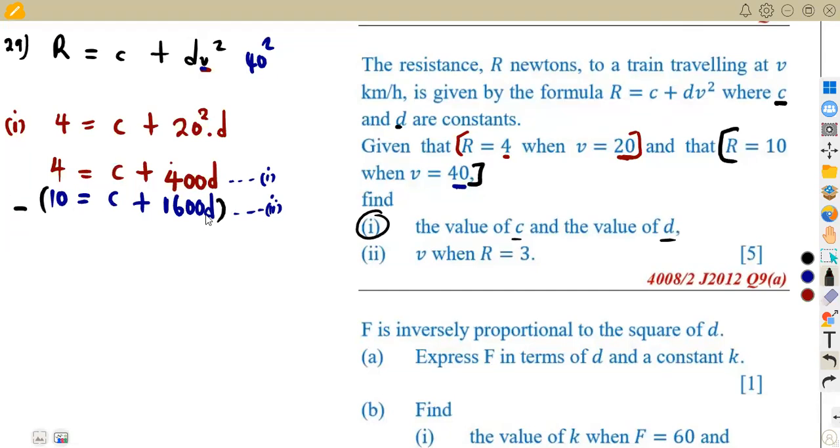Subtract 4 minus 10, that is negative 6, is equal to C minus C, that's 0, and 400 minus 1,600 is negative 1,200.